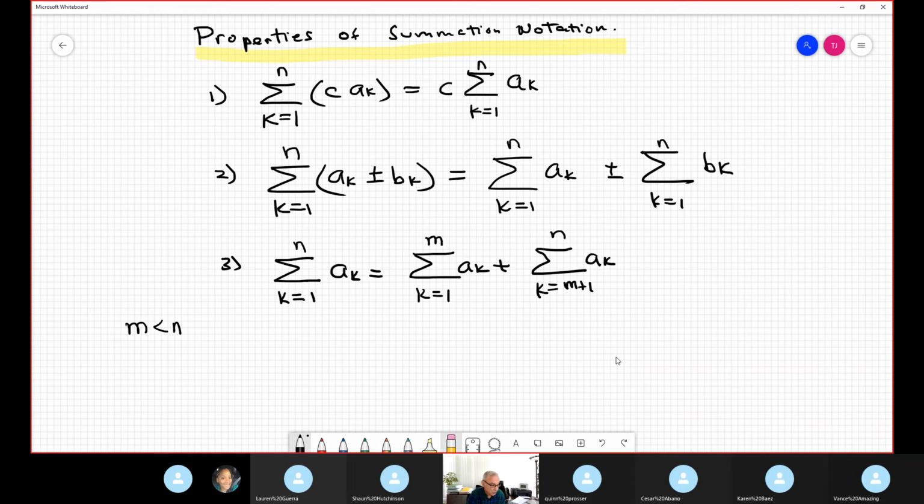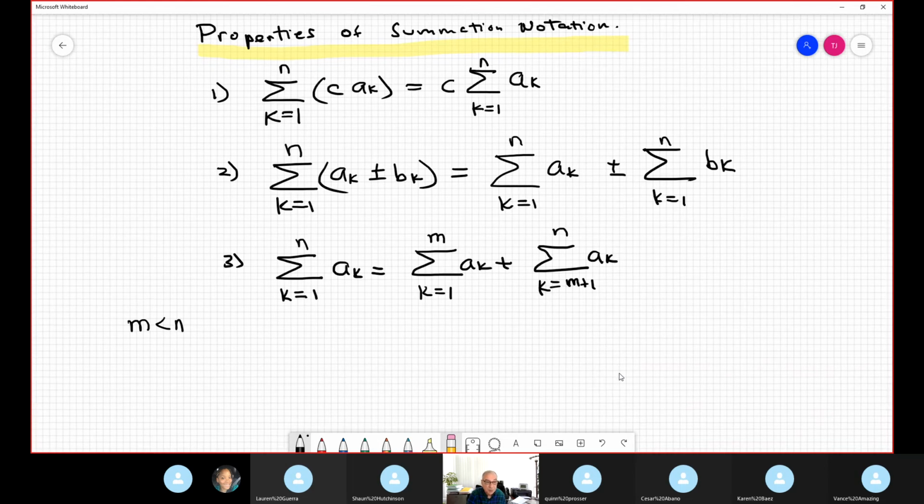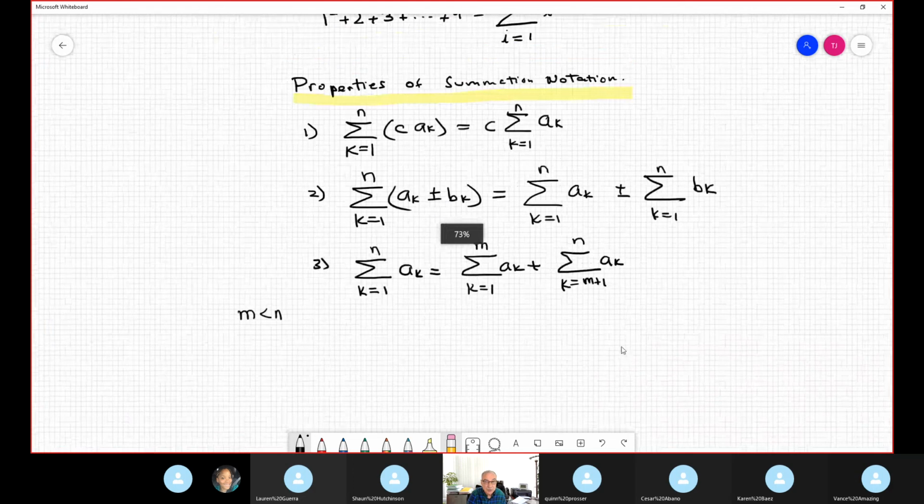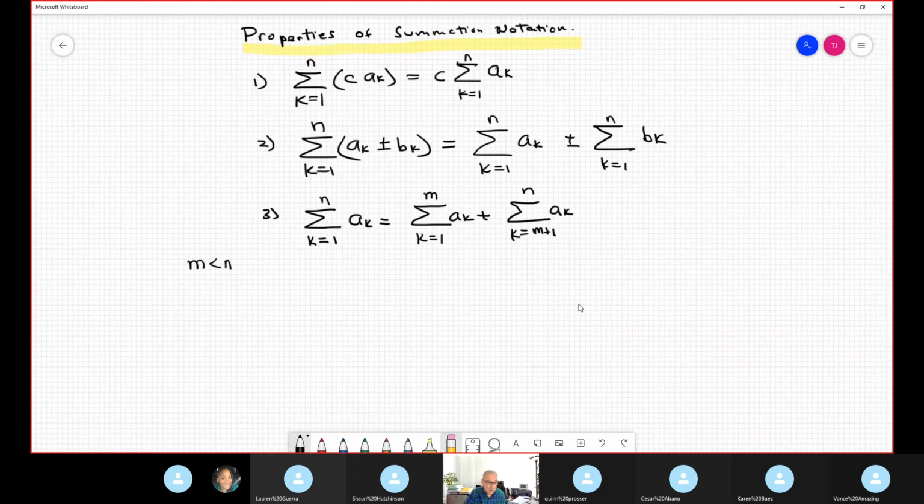We have 3 more properties to complete the picture of the properties for the summation. Number 4 is summation from k equals 1 to n of k.